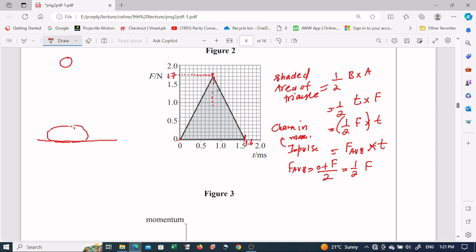We can see from the figure that half the length is 0.8, because 1.6 halved is 0.8. So the time is 0.8 and the maximum force is 1.7.